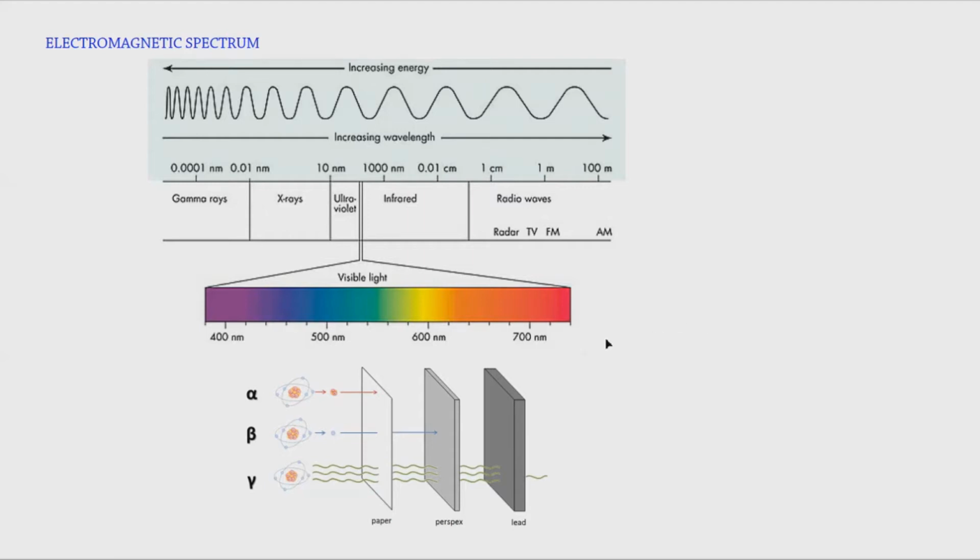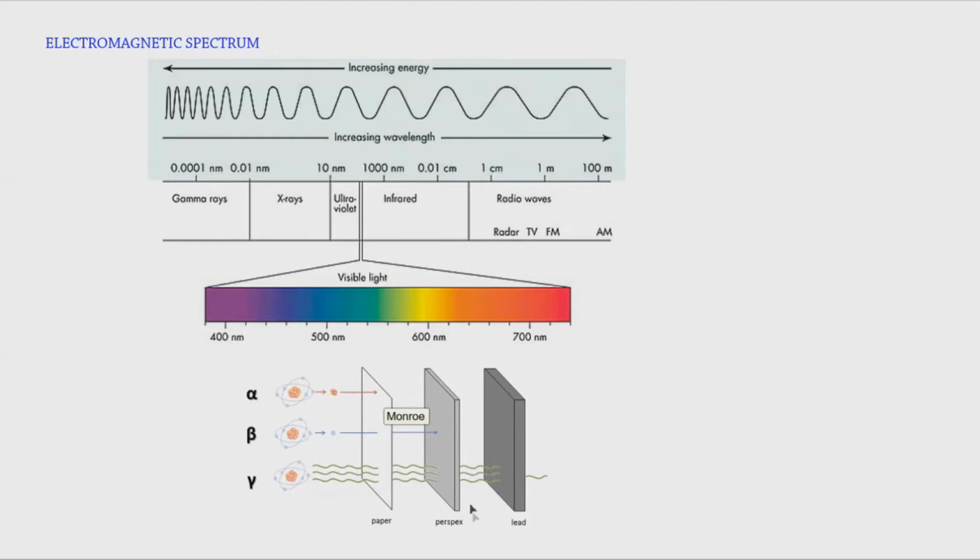Here's the last picture, a brief exemplification of our radiation. Alpha waves are the weakest of all these alpha, beta, gamma waves, so they cannot pass through paper. Beta waves can pass through paper, but will not be able to pass through perspex.